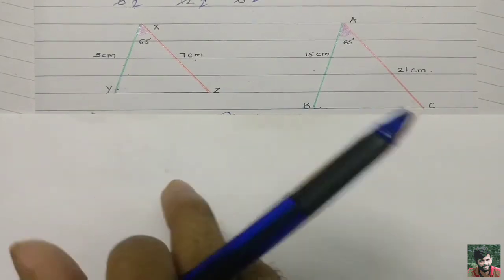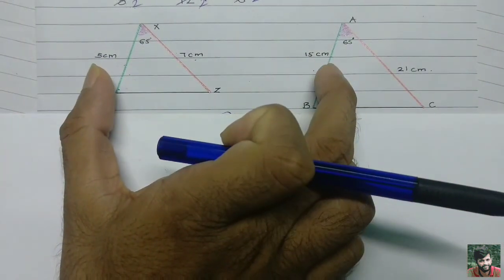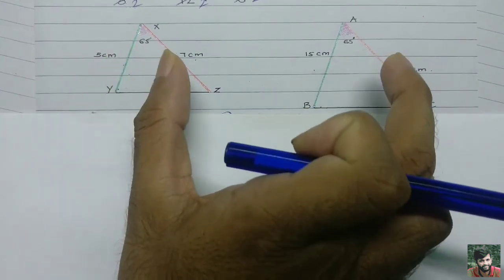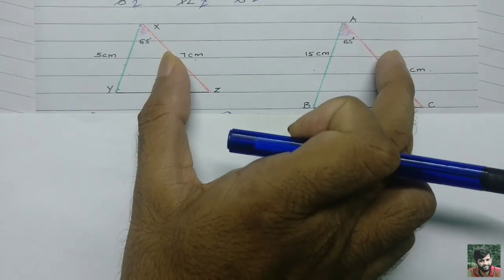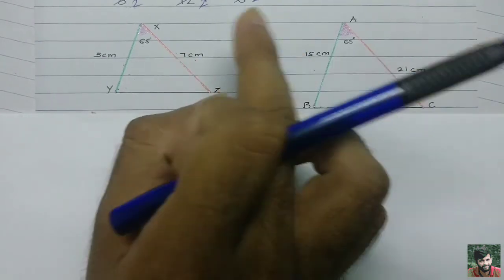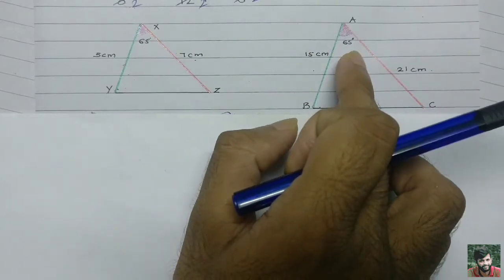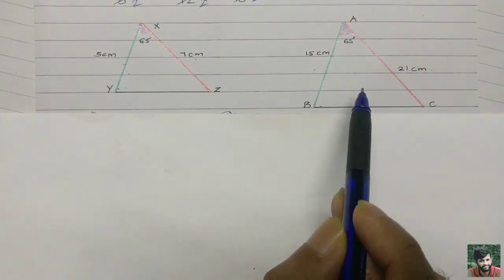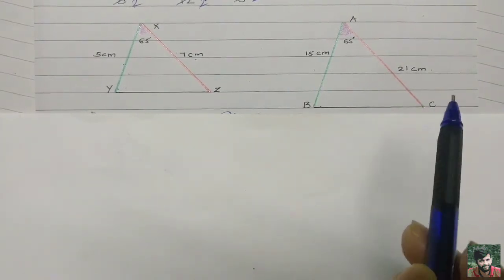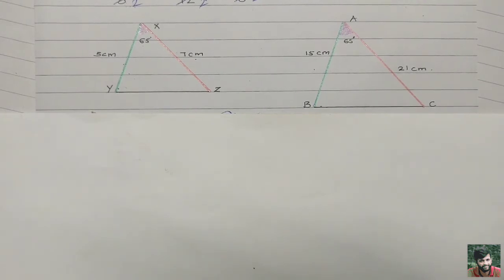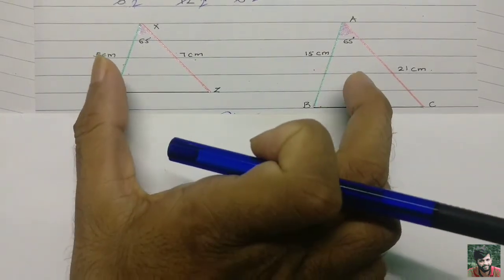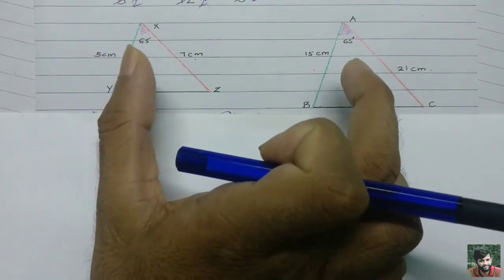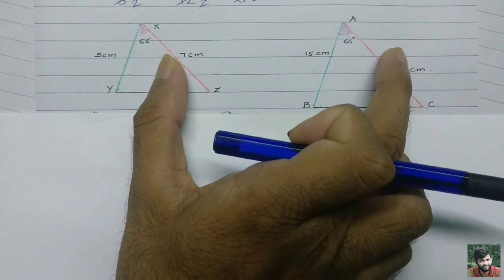If this ratio of these sides is equal to the ratio of these two sides, and the angle contained in those sides is equal, then we say that these two triangles are similar by SAS similarity test.